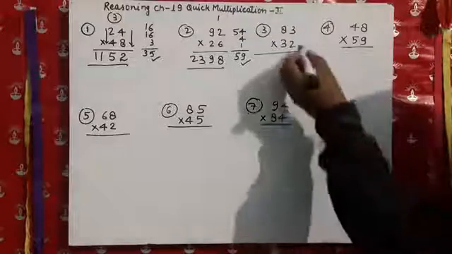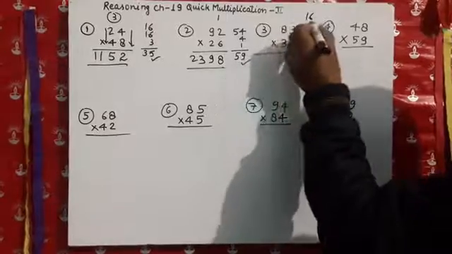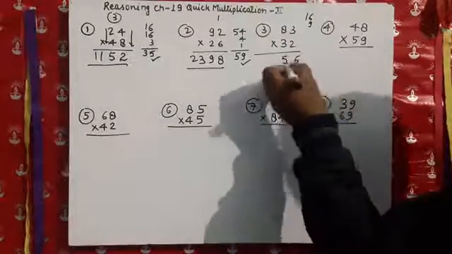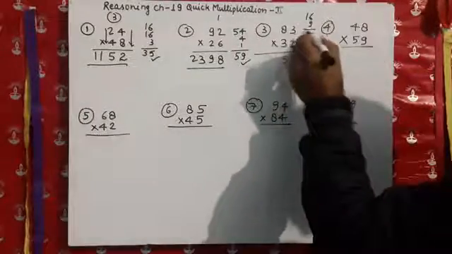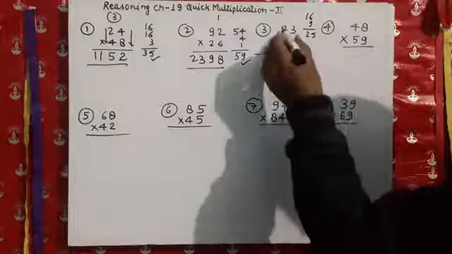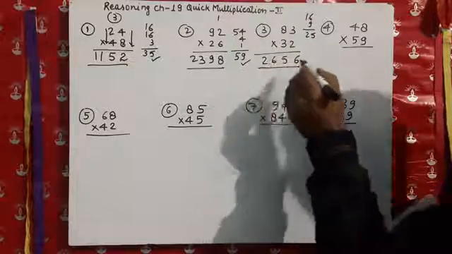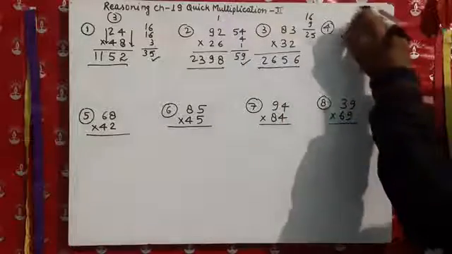Now going to the next one. 3 twos are 6, no carry. 8 twos are 16 and 3 threes are 9, 16 plus 9 is 25. So 5 is here. Now 8 threes are 24, plus 2 is 26. So this becomes the answer. Now 8 nines are 72, 2 is here, 7 carry.